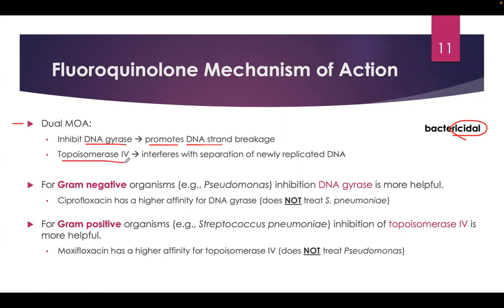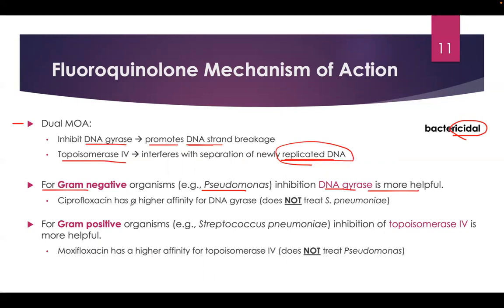The topoisomerase 4 interferes with the separation of the newly replicated DNA. So you're promoting the breakage of the strand, and then you're not allowing it to replicate, so you've got a double whammy. For the gram-negative organisms, such as Pseudomonas aeruginosa, DNA gyrase inhibition is more helpful, more part of it.